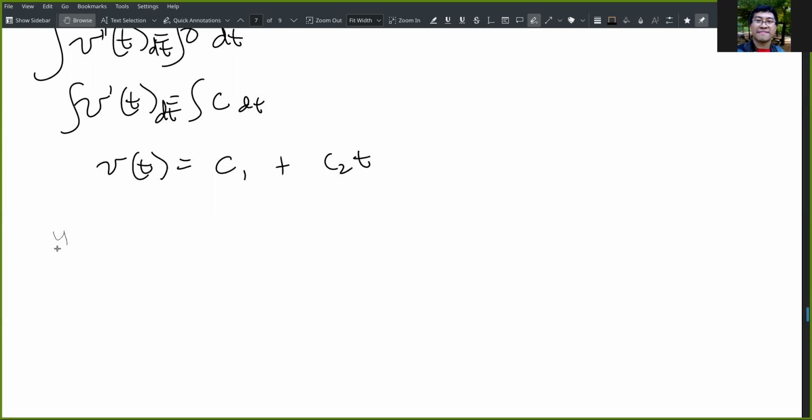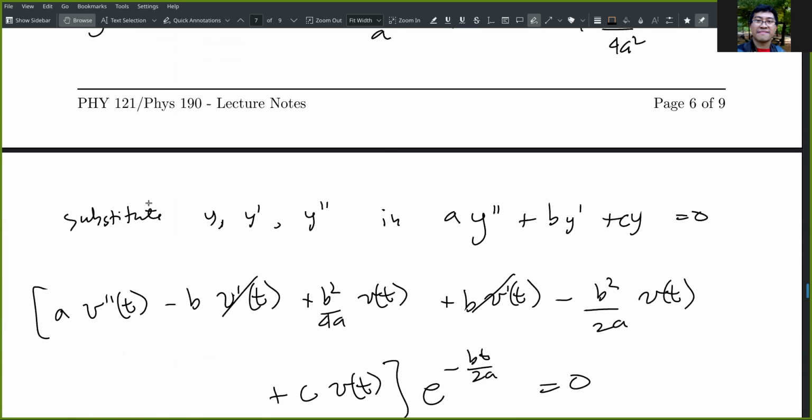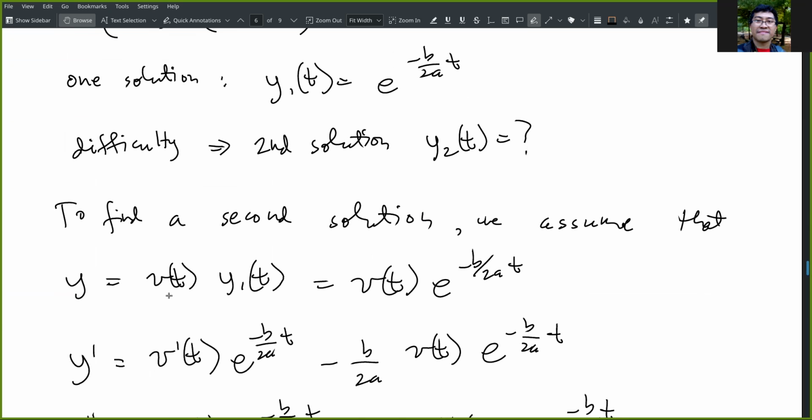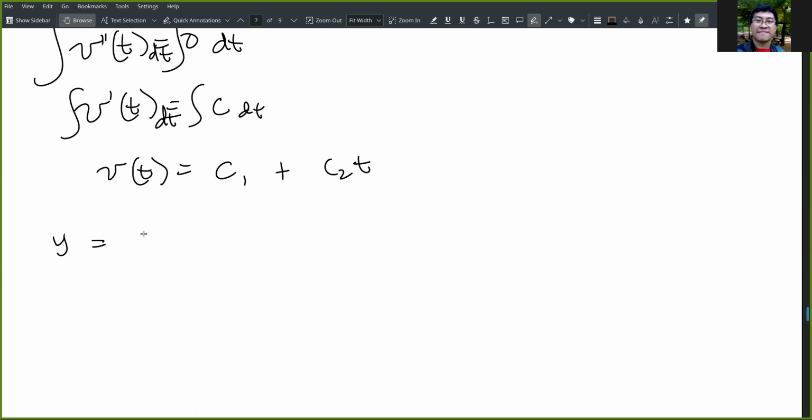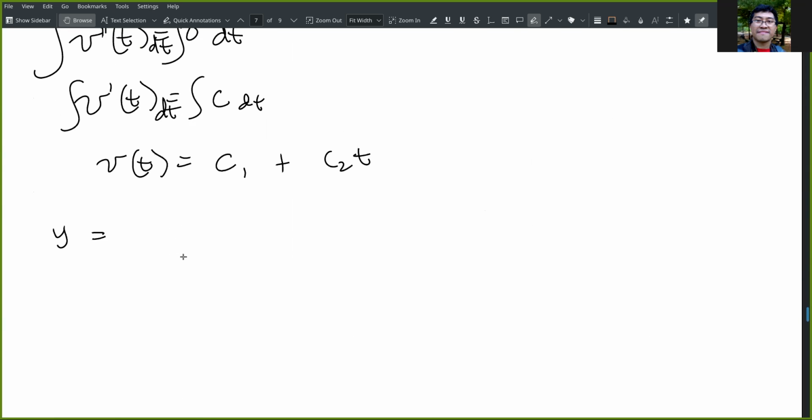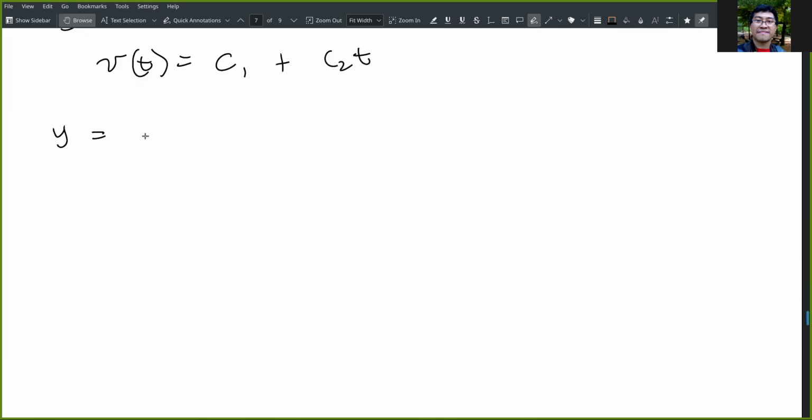So that y equals v(t) y1(t), which is c1 e to the power of minus b over 2a t plus c2 t e to the minus b over 2a t.